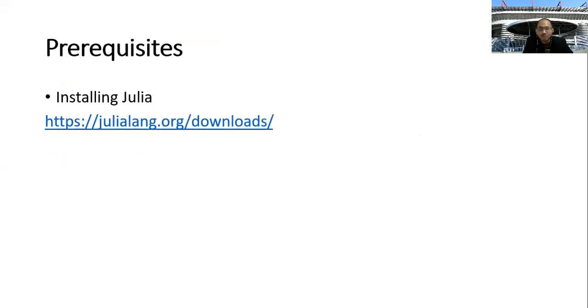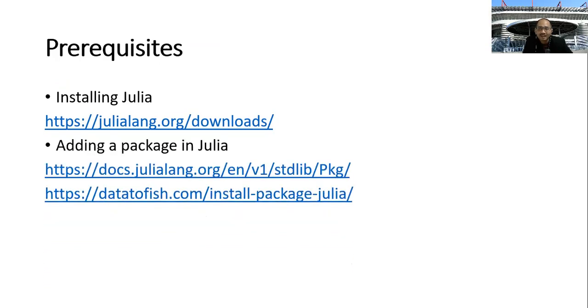So I would like to remind you of the assumed knowledge for this talk. First, you should have installed Julia. Please go to the website, and you should be able to add packages in Julia.